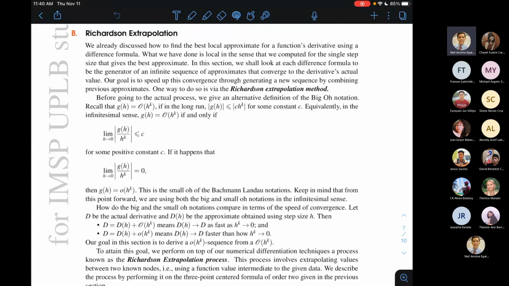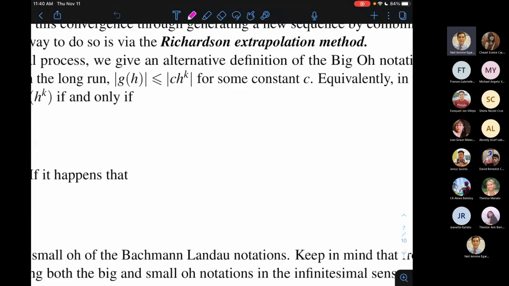So as I've mentioned, we will be looking at the method called Richardson extrapolation. The idea here is that we implement a numerical differentiation formula with a particular value of h. Say D of the first step size h1 is the first approximation to the actual derivative.